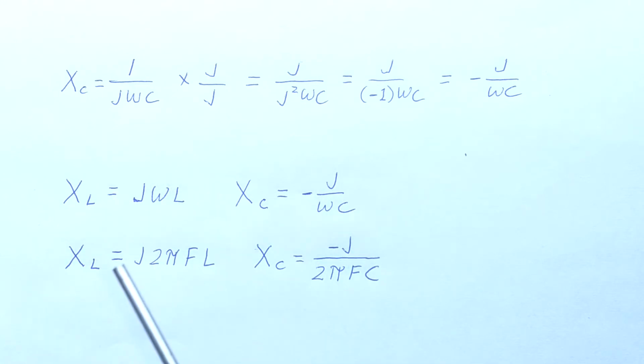So X sub L, if we put in 2 pi f for omega, X sub L is J 2 pi fL, and X sub C is minus J over 2 pi fC. So let's go to a graphical representation of these to understand them better.